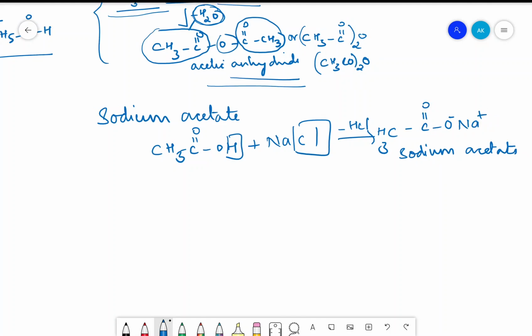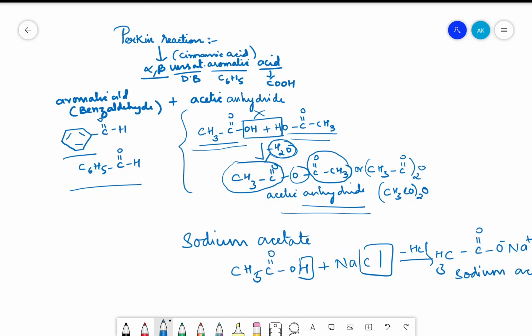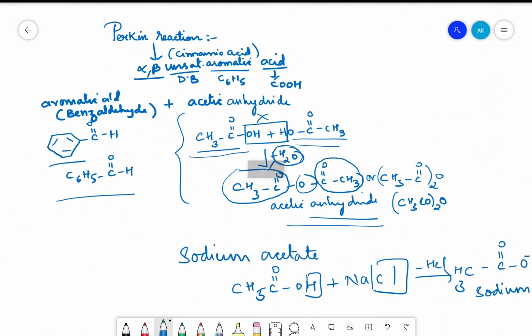So what we are going to write in the Perkin reaction is that the Perkin reaction helps us in the preparation of cinnamic acid. It is also called alpha beta unsaturated aromatic acid. Alpha beta is the position next to the functional group. Unsaturation is a double bond. Aromatic acid is something relatable to benzene, that is C6H5, the phenyl group, and acid group is COOH.